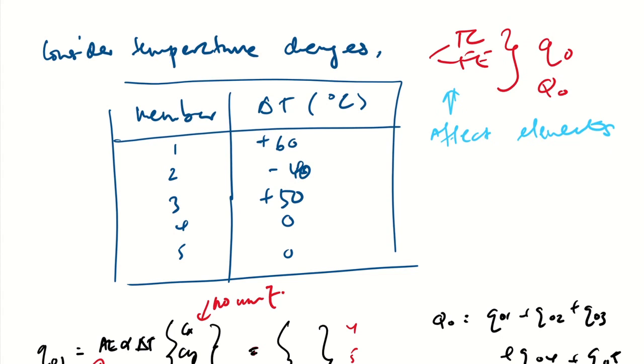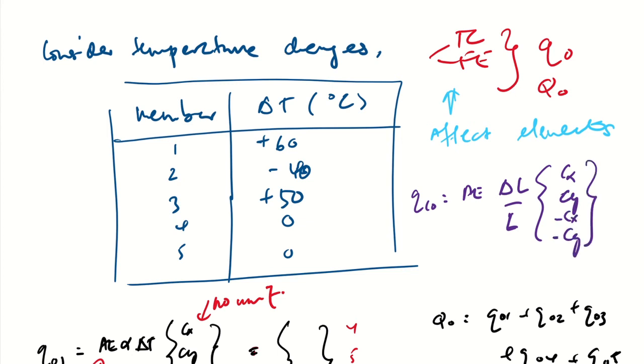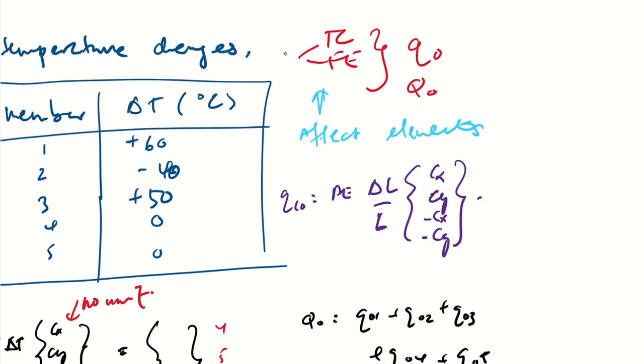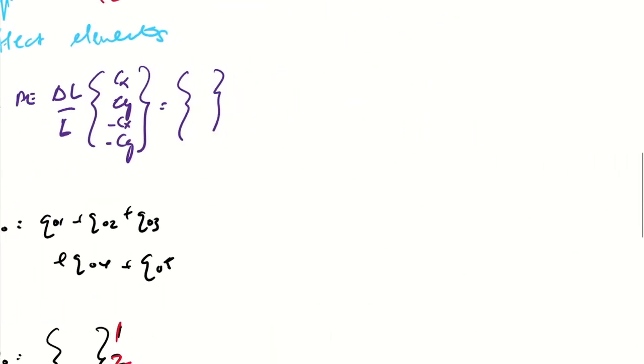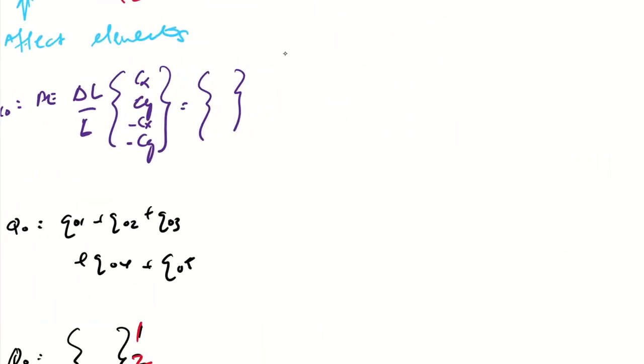If it is due to fabrication error, Q1 naught is equal to AE delta L over L times with Cx, Cy, negative Cx, negative Cy. Again, you will get the value based on the K label, K label 4512.